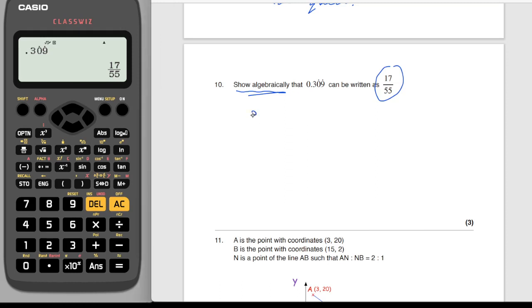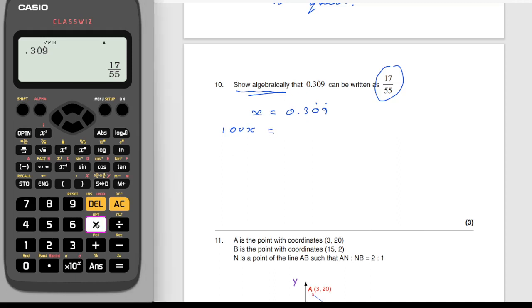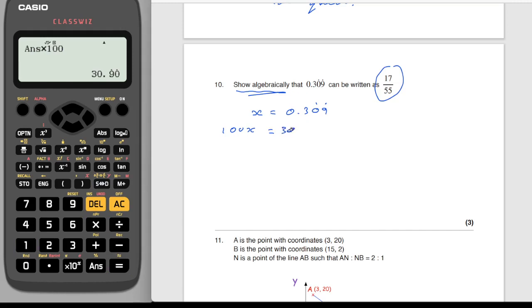So I'm going to start by saying that x, the number that I'm starting with, is going to be 0.309 with the recurring on the 0 and the 9. However many digits I've got as a recurring pattern is what I need to multiply x by. So I've got a 2-digit recurring pattern, so I would go to 100x, and I would say that 100x would be 30.909 with the 9s recurring, just so I've got the recurring digits.